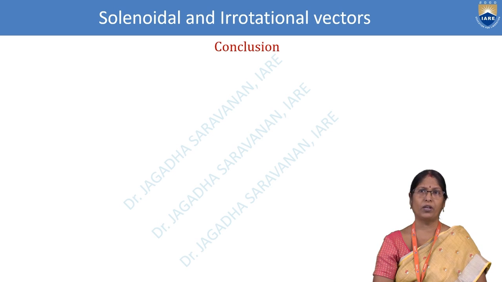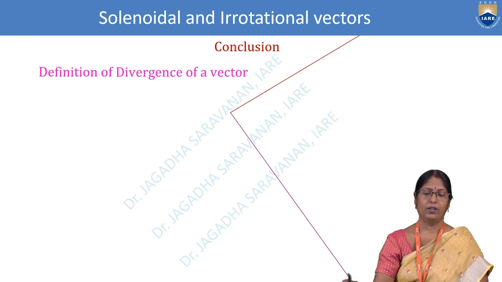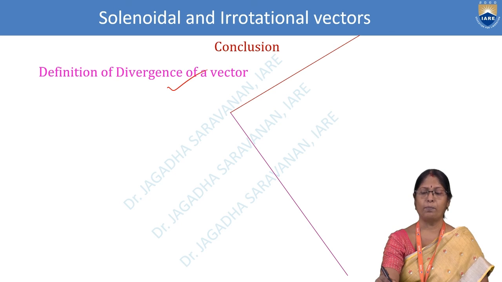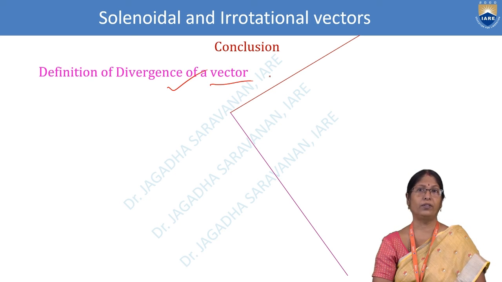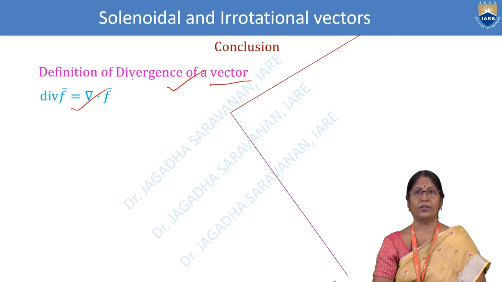We will come to a conclusion of this video lecture regarding solenoidal and irrotational vectors. First, the definition of divergence of a vector. Compulsorily the given vector should be a continuous and differentiable vector point function. The formula is divergence f, which is nothing but grad dot f.